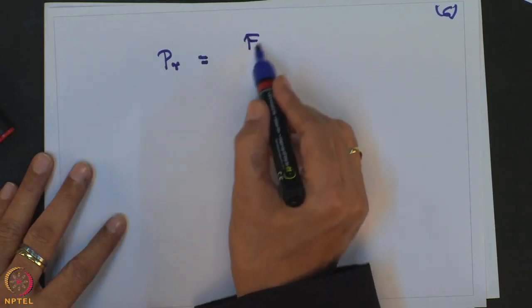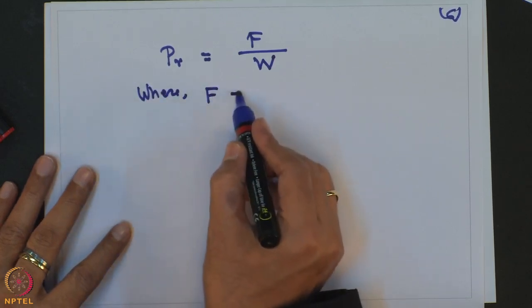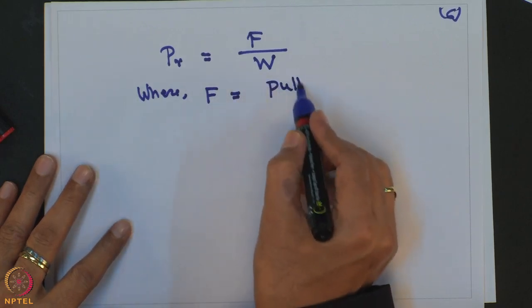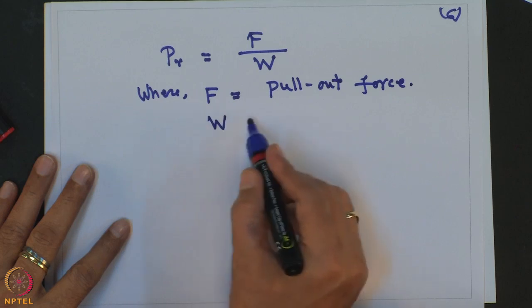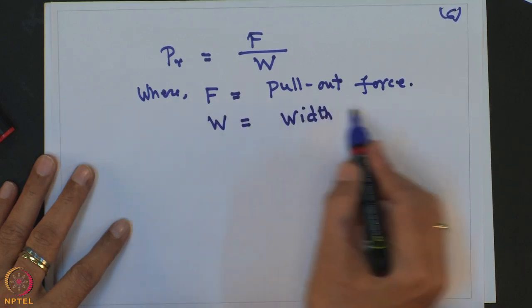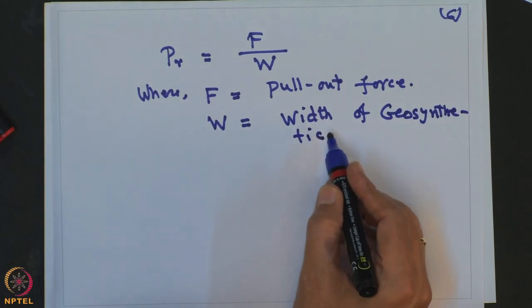You can calculate that P_R will be equal to F divided by W, where F is equal to the pull out force, and W is equal to the width of the geosynthetic.